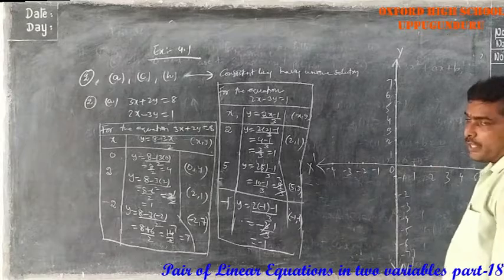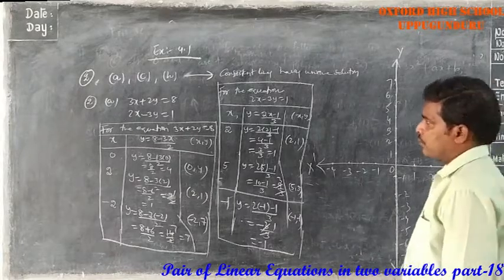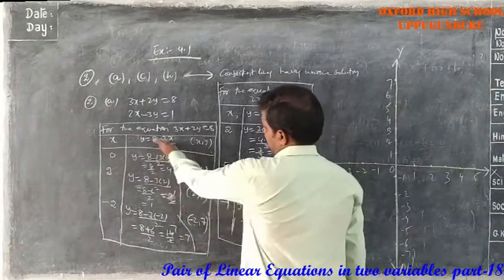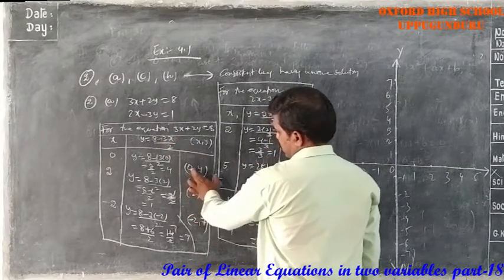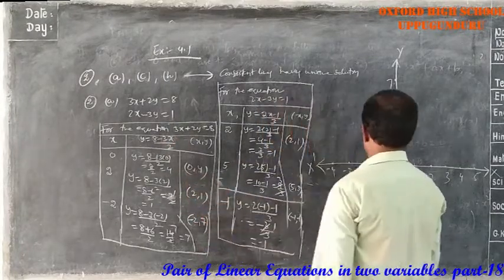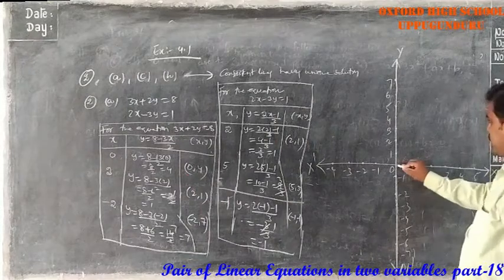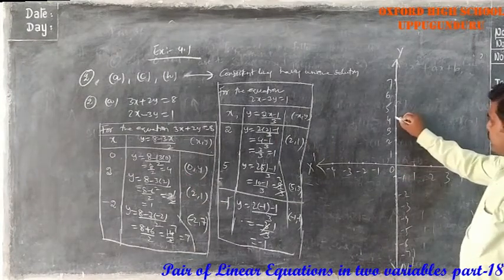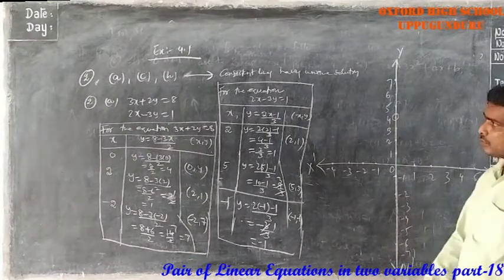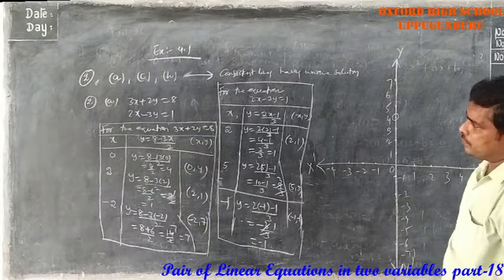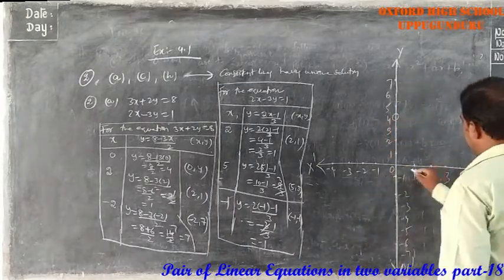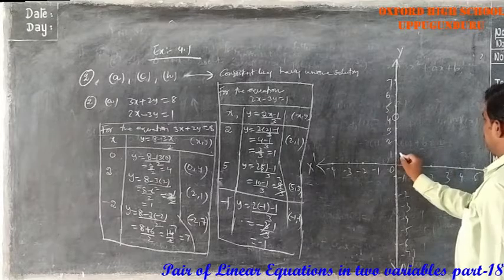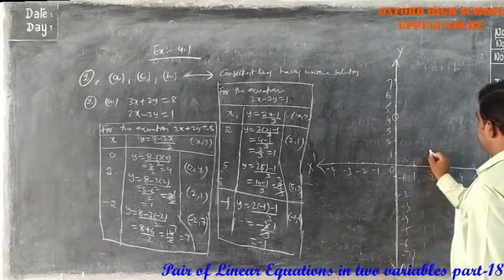Now in this coordinate axis, first I am representing equation 1. For that equation, what are the possible values? You have points 0, 4, 2, 1, minus 2, 7. 0, 4: x is 0, y is 4. Next, 2 comma 1: x value 2, y value 1. That means here.